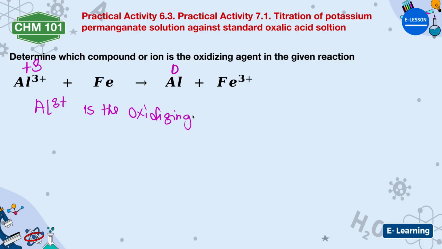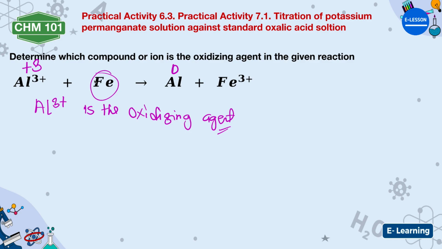Why ion is the reducing agent. Is that okay? Because that is what you are expected to do in this particular one. Just determine Al3 plus is the oxidizing agent. So how are you going to write it? First, you are going to write that Al3 plus is the oxidizing agent.